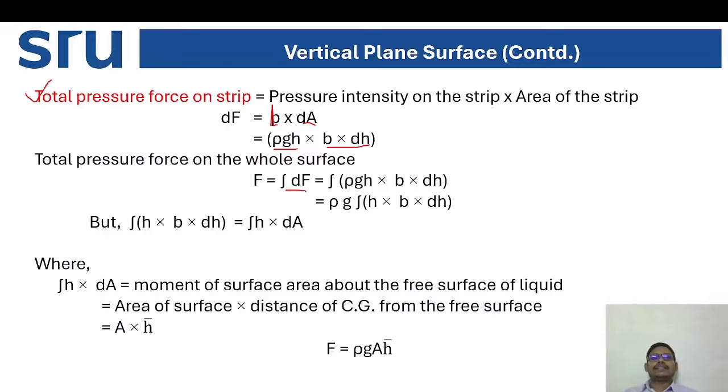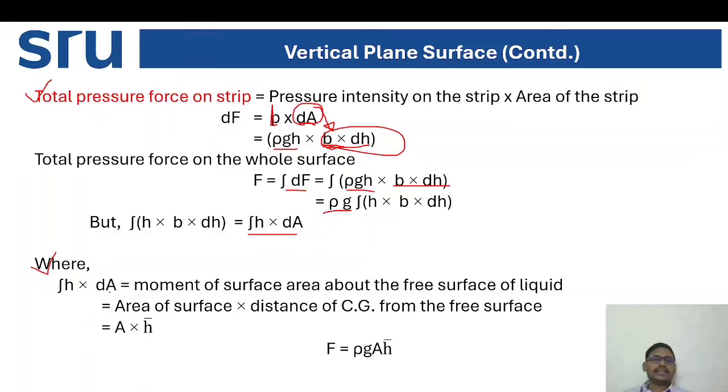Now just do the integration: the integral of rho g h into B dh. You take out the constants rho and g, leaving the integral of h into B into dh. But the integral of h into B into dh is also the integral of h into dA, as we know dA is B into dh.